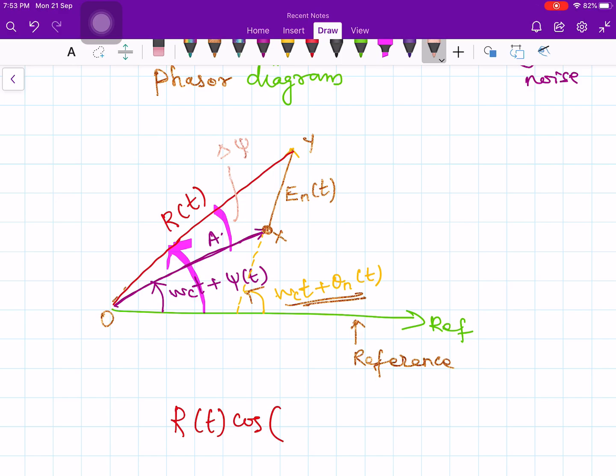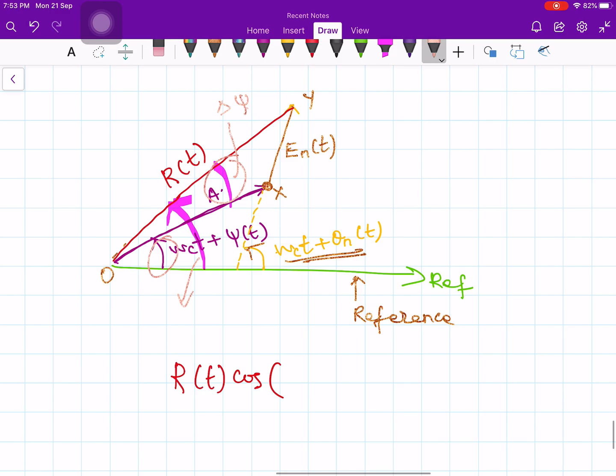Now what is this angle? This angle is going to be this angle plus this angle. So the total angle is equal to omega c t plus psi of t plus delta psi of t.